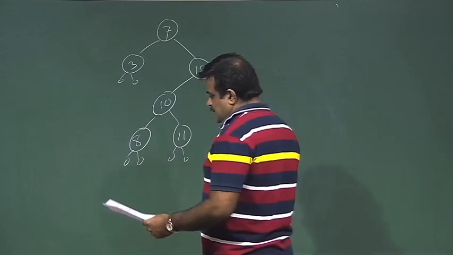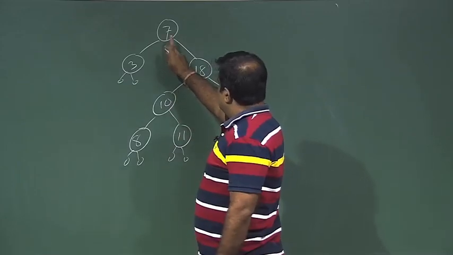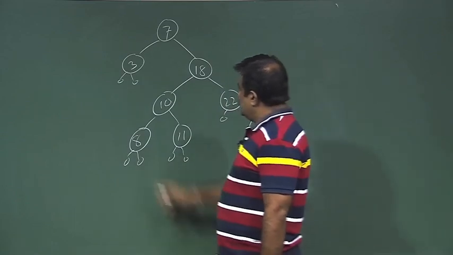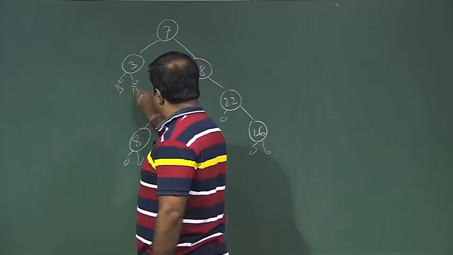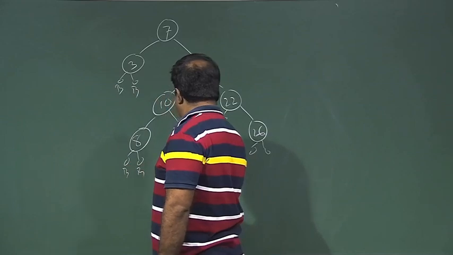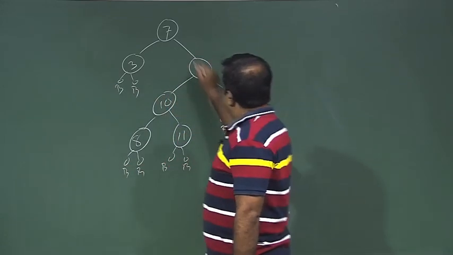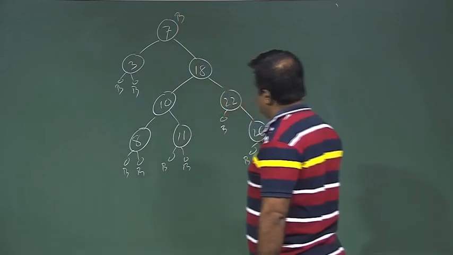And then we need to color it. This root has to be black, and the nils are black. These are all black nodes.